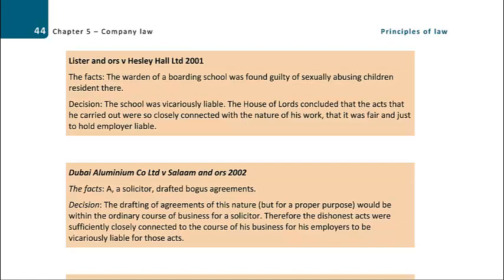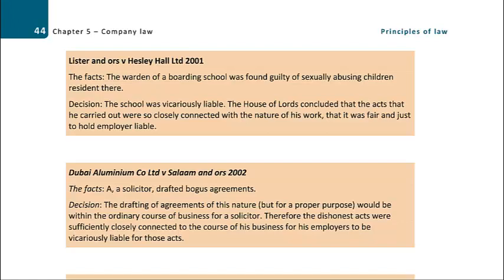And this is quite sad. It's the warden of a boarding school, and the boarding school were being sued because the warden had sexually abused the children who lived there. The case turned on whether or not the school could be vicariously liable for these acts of the school warden. Now, obviously, they didn't employ the warden to abuse the children.